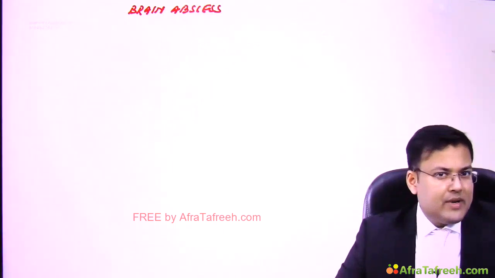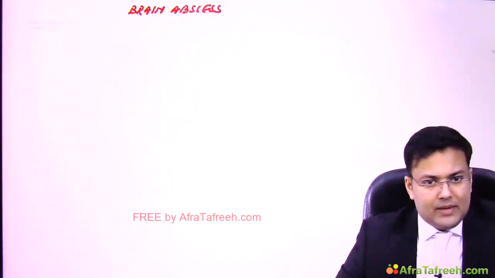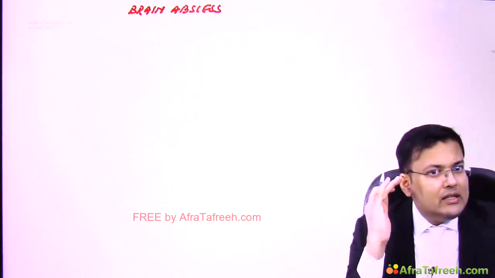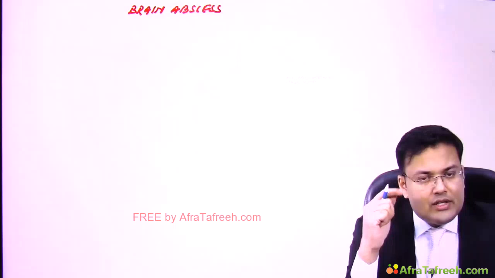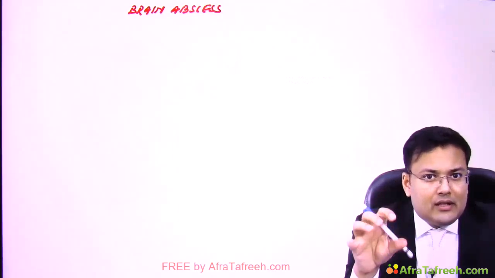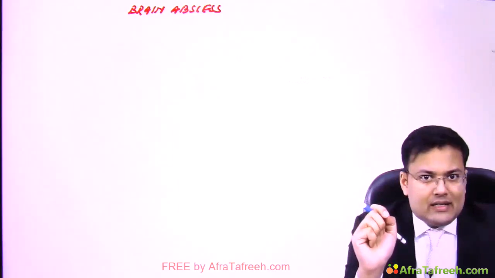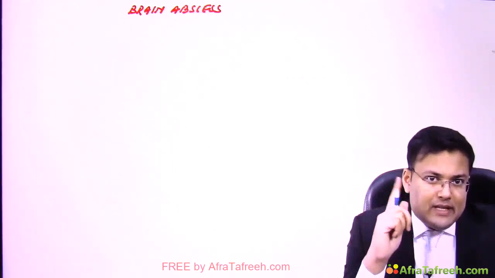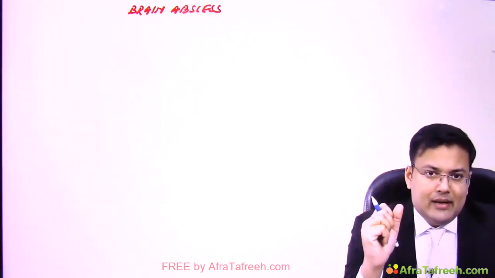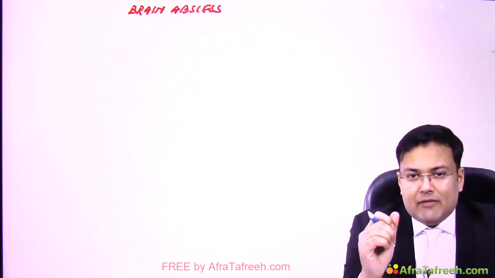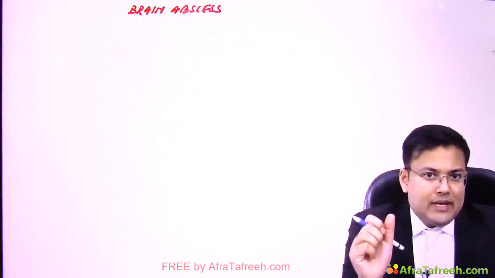Now we are going to discuss brain abscess. So what's the cause of brain abscess? Generally either there is direct spread or there is hematogenous spread. Imagine during surgery we are performing surgery of some infected air sinuses, and from these infected air sinuses the infection reaches the brain. So this is direct spread. And what is hematogenous spread? Via blood vessels the infection reaches the brain.